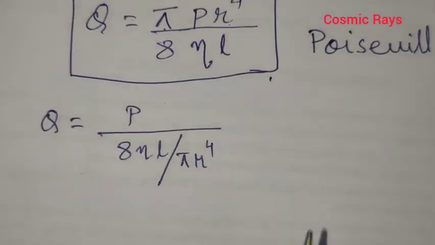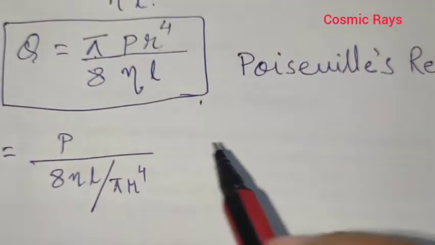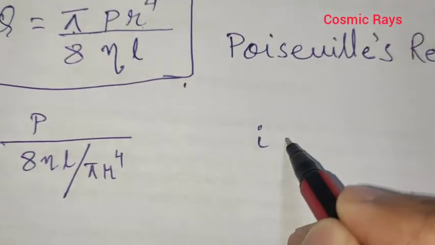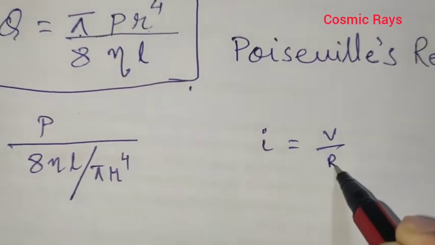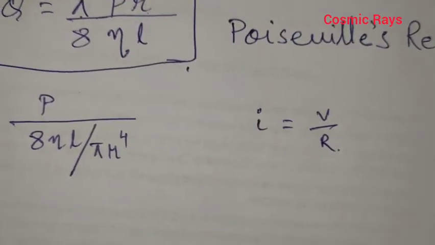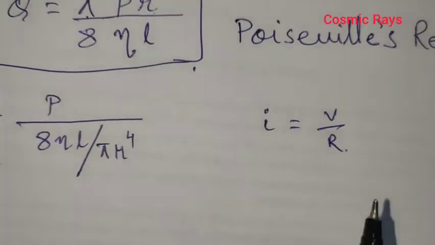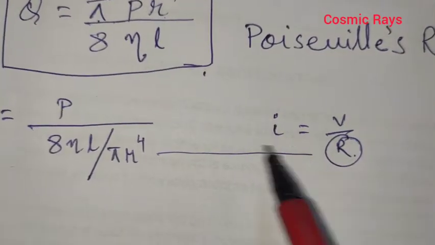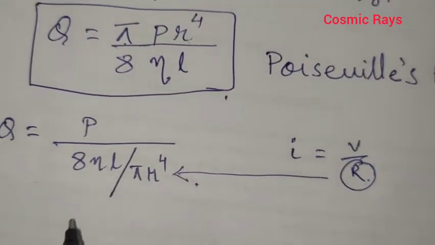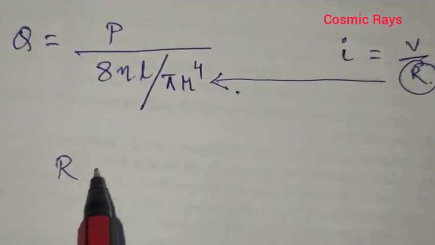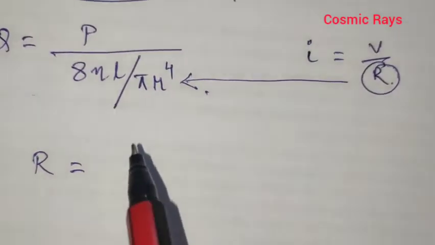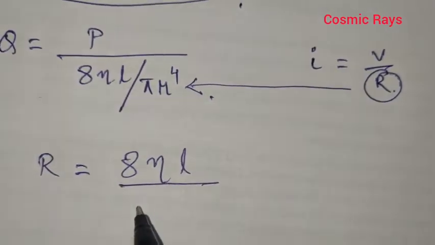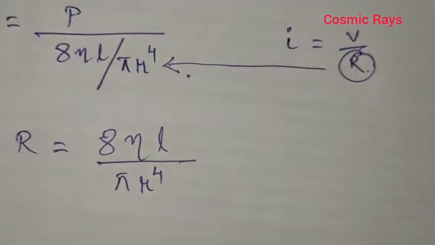Now if we compare it with the equation of current electricity, that is I is equal to V upon R, voltage upon resistance, then we can say that this resistance is R equal to 8 eta L upon pi r to the power 4.